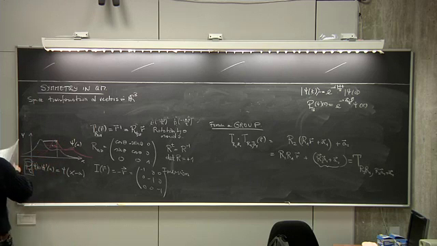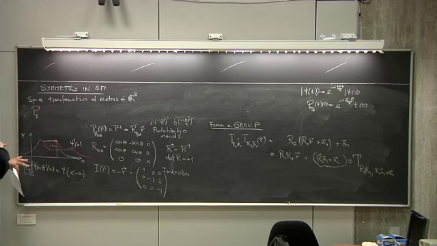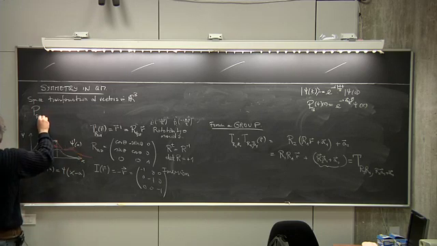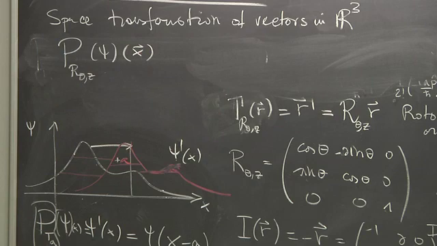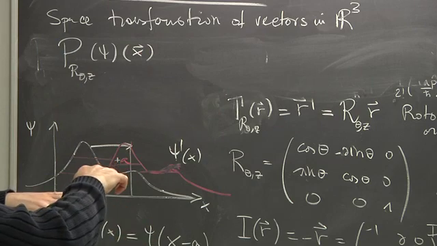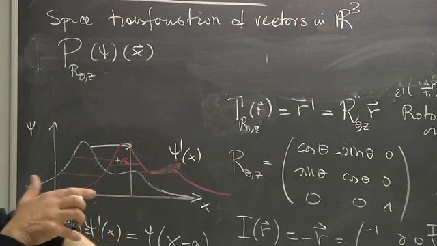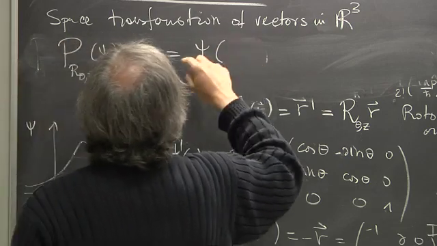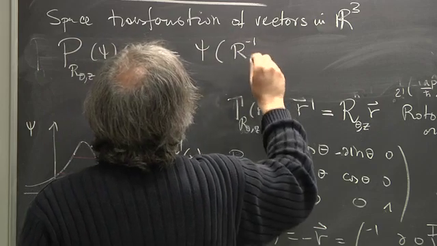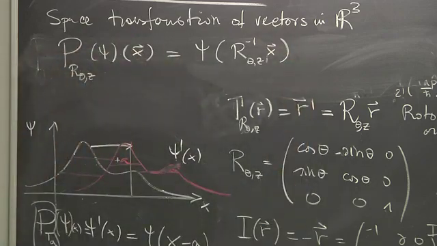The question is, what is the p associated to this rotation? For instance, let us rotate around z by an angle theta a certain function, and let us ask ourselves what will be this function. You realize that the function at a certain point is equal to the function before at the rotated back point. Again, same argument. So this function will be just a function calculated not at x, but at r to the minus 1 x. Is this clear?